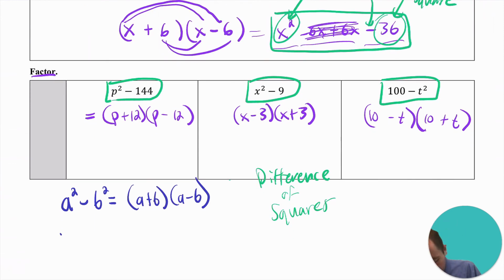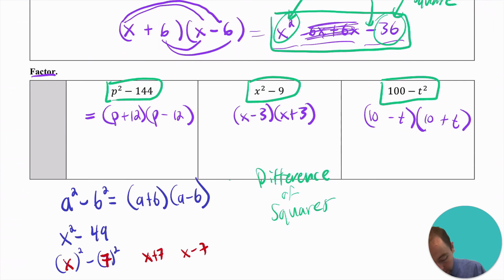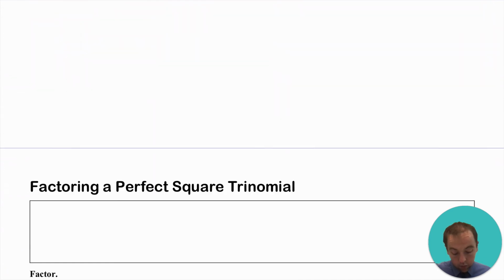So if I have, let's say, x squared minus 49, but I treat that as x to the second minus 7 to the second, because that's exactly what it is, then if I use that x and that 7, really I can do an x plus 7 and an x minus 7, and those would be the factors that I would use to factor that expression. Okay? So that special factoring of difference of squares is something that we're going to see a lot, and we'll dive into. So that's a little bit of exposure into that realm.